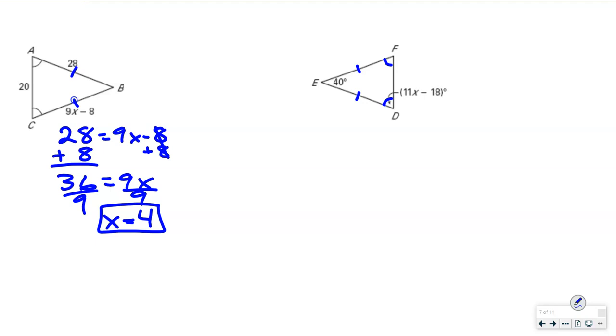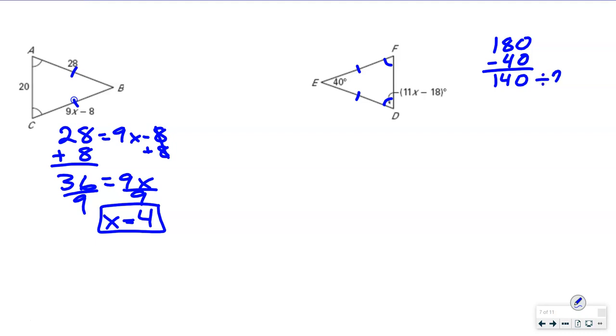So we can subtract 40 from 180. If we subtract 40 from 180, we get 140, and we know that those two angles that are congruent have to add up to 140. And if they're the same, then I can just divide 140 by 2.